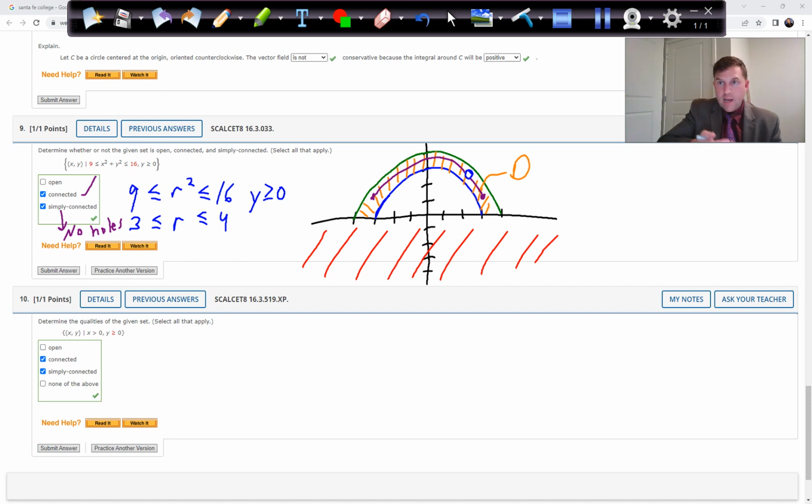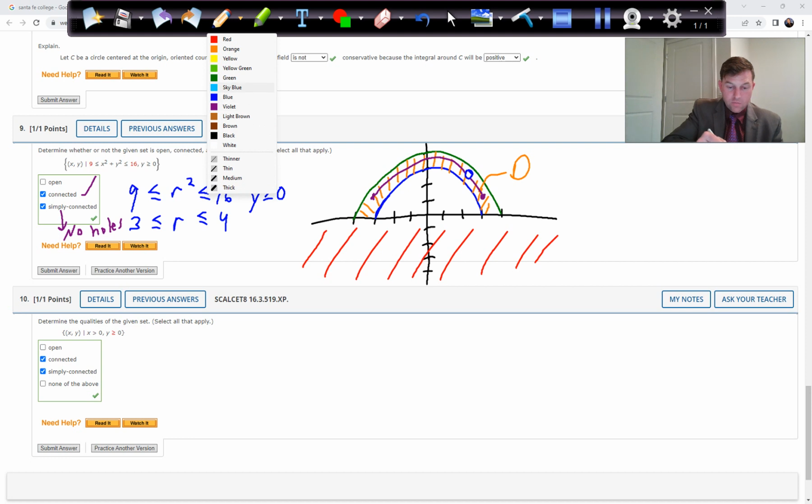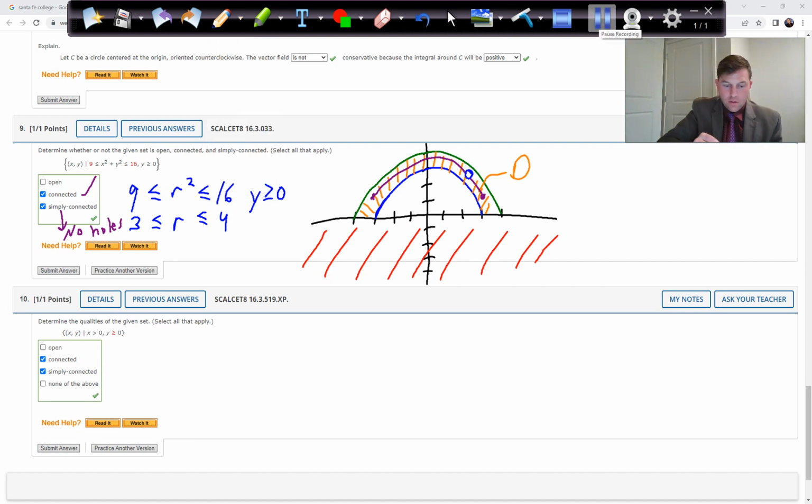But we didn't have a hole, so we can say it is simply connected. And then open would be like if our curve was just some line segment and it was just open kind of all over the place.